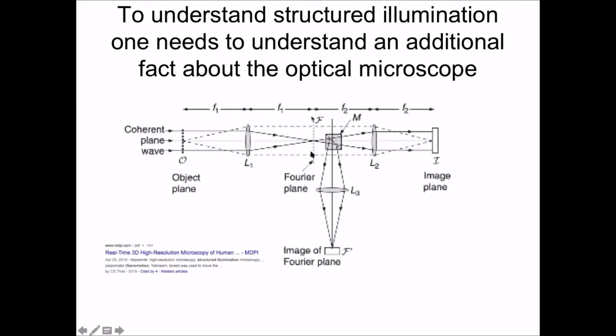In the Fourier plane, all of the phases that were in the object actually come to the Fourier plane, and they intersect one with another. Not every ray intersects with every other ray, but they intersect, okay? You can, in fact, if you had a beam splitter, bring out the Fourier plane into its own image of the Fourier plane.